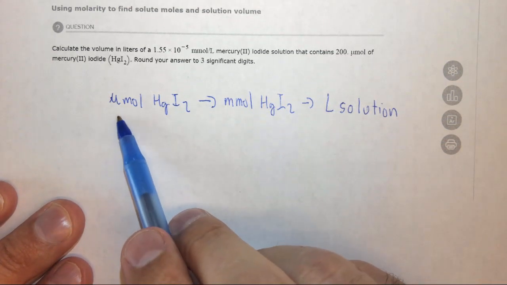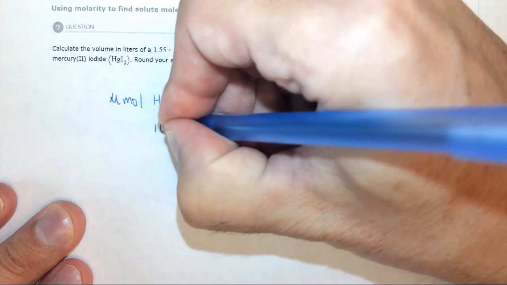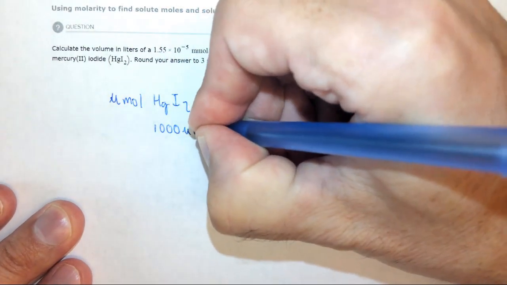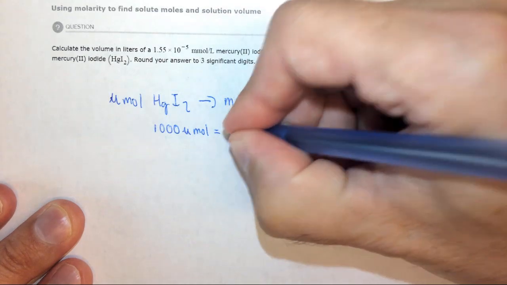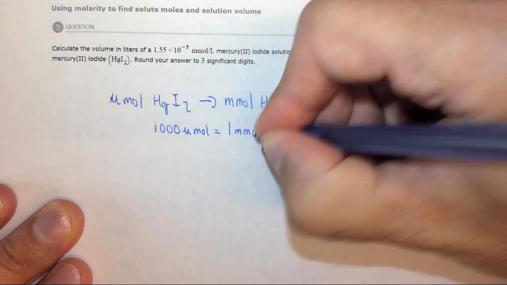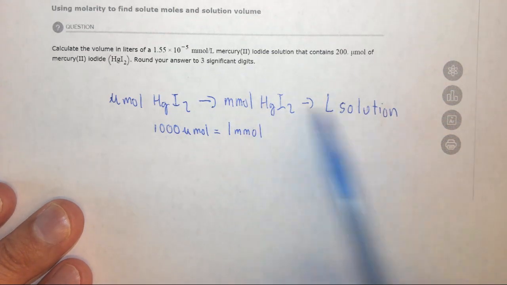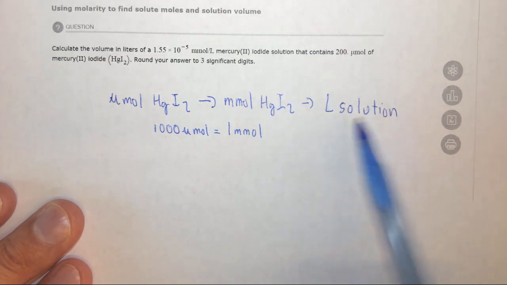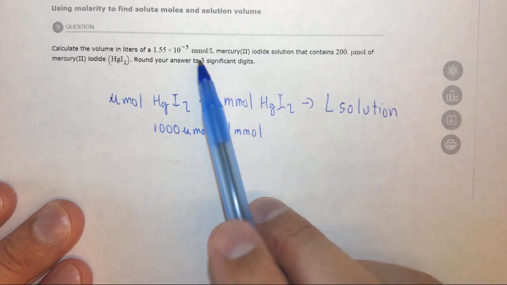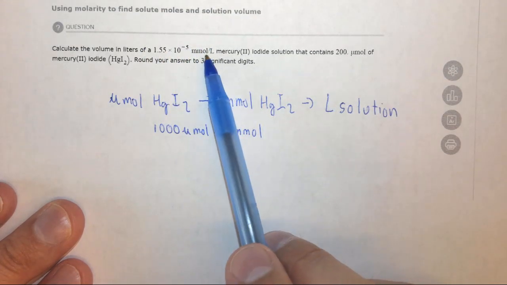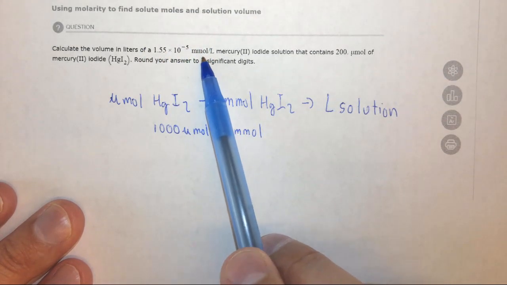So here, when we have micromoles to millimoles, 1,000 micromoles is equal to 1 millimole. So for each of these conversions, we do need an equality, and here's the equality here. Here is a new equality between millimoles and liters of solution. We have to use the molarity, or in this case, the millimolarity, to do this.